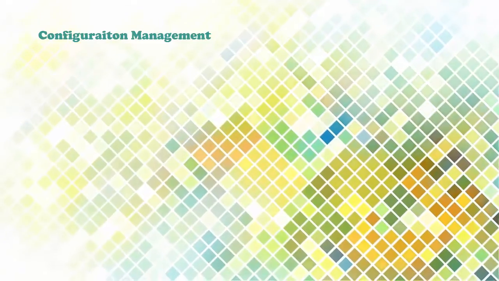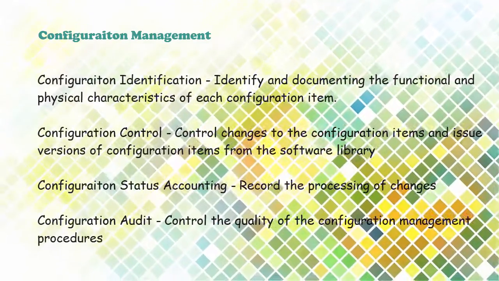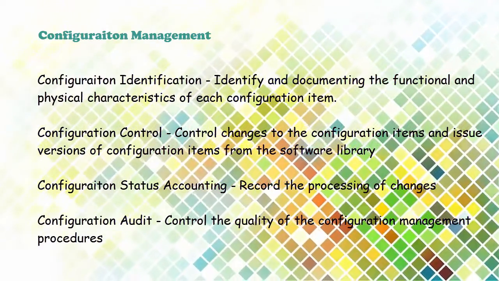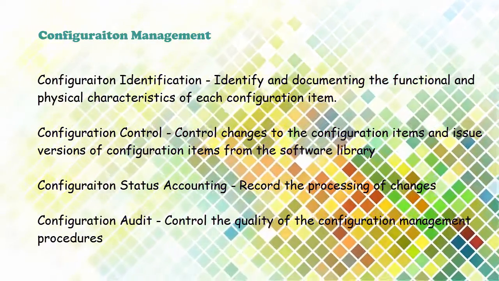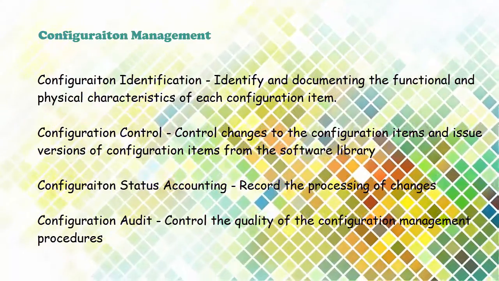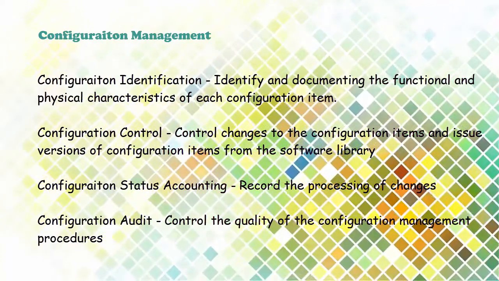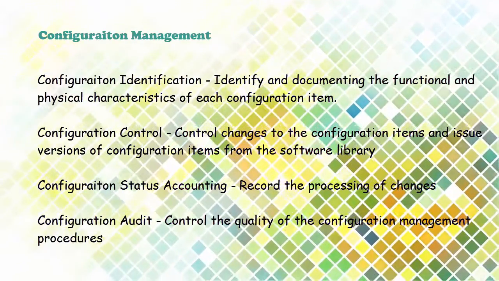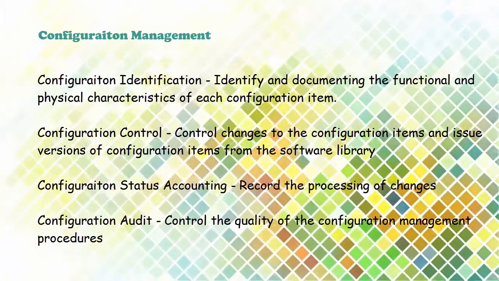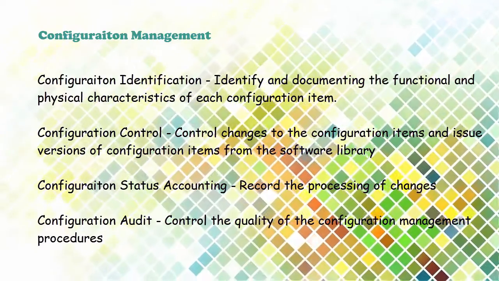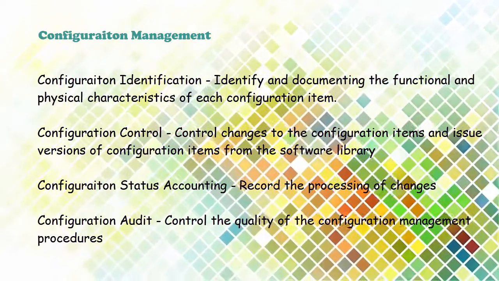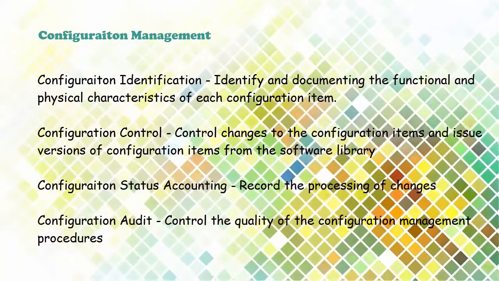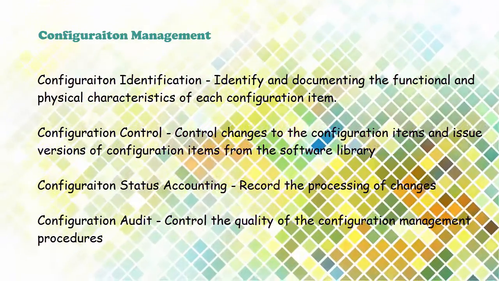configuration management procedures. So the first procedure is configuration identification, which is basically identifying and documenting the functional and physical characteristics of each configuration item. The second procedure is configuration control. Basically, this is to control changes to the configuration items and issue versions of configuration items from the software library.